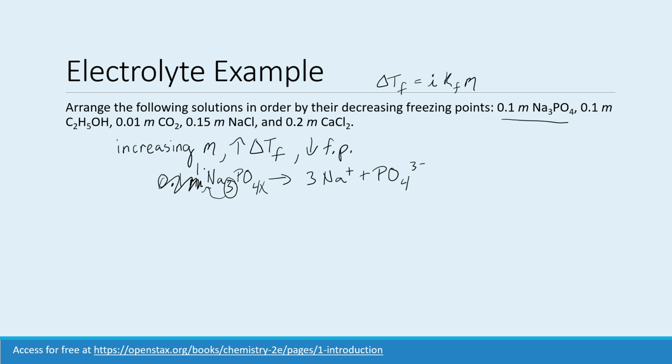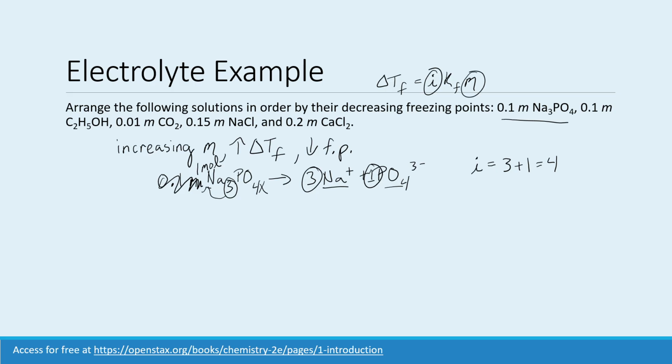So for every 1 mole of our solute starting out, 1 mole of sodium phosphate, we have 3 moles of our sodium ion plus 1 mole of our phosphate ion. And so our Van't Hoff factor, again, we're just going to assume that everything completely dissociates, is going to be 3 plus 1, coming from the sodium ions and the phosphate ion, for a total of 4.